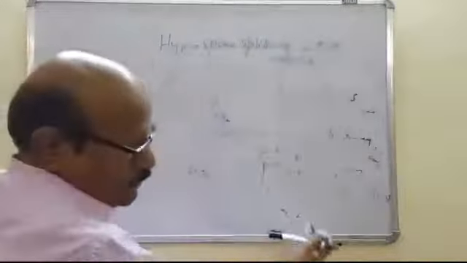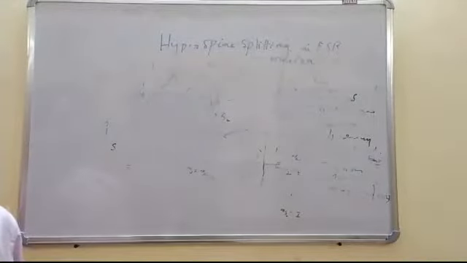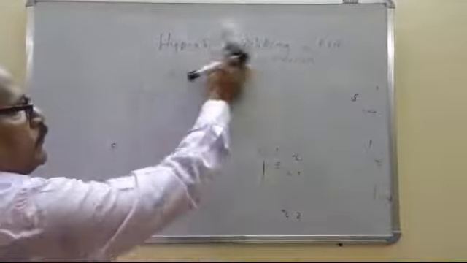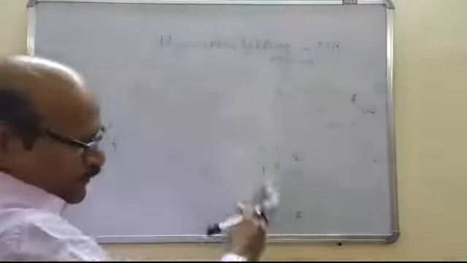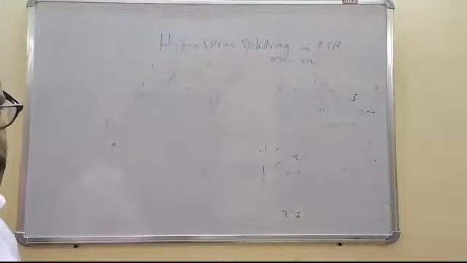We have discussed the simplest case of a molecular species or radical consisting of a single proton, or a single nucleus interacting with the unpaired electron. If there are more than 1 equivalent proton with spin I not equal to 0, the situation is different.